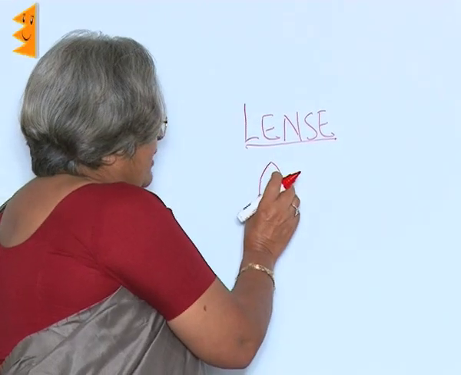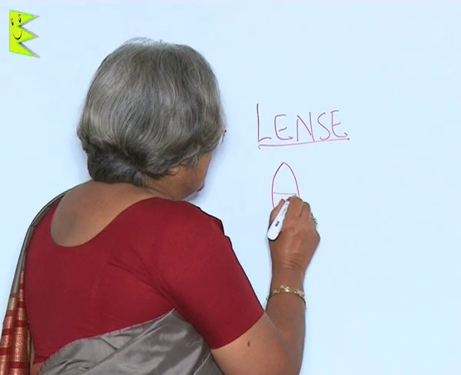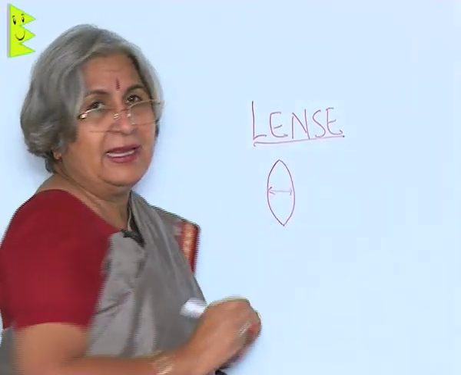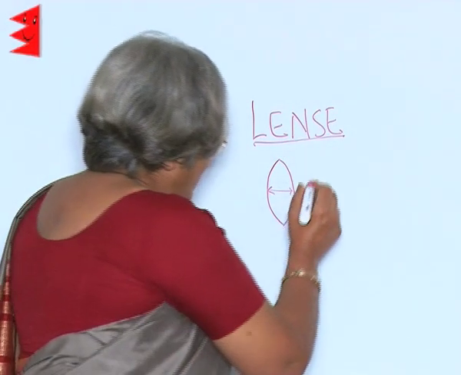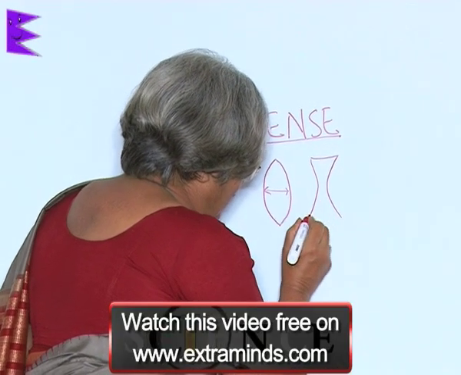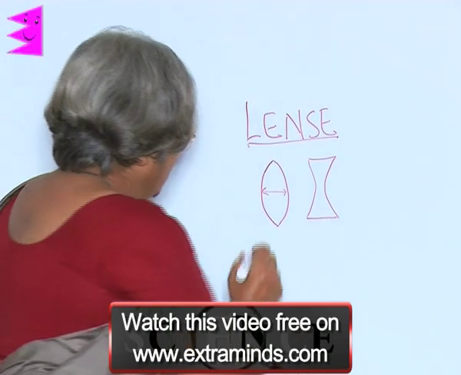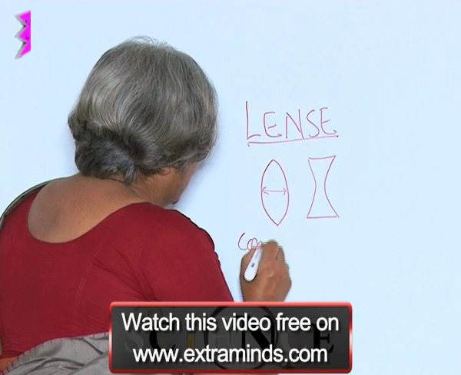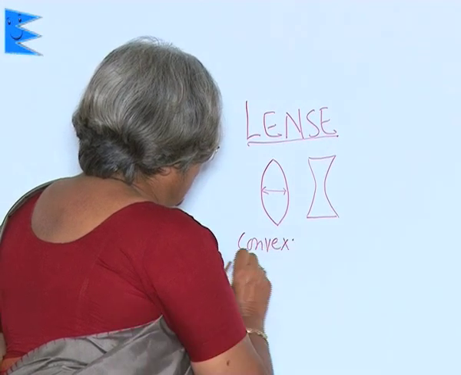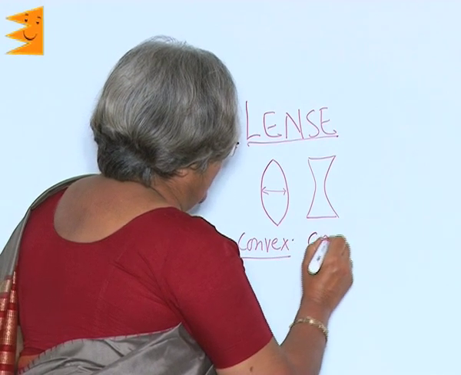So, if you try to touch this glass, you will find it is thick from the center and thin from the tips. On the other hand, the other type of lens is thin from the center and thick from the sides. This lens is called convex, while the one which is thin from the center is called concave.